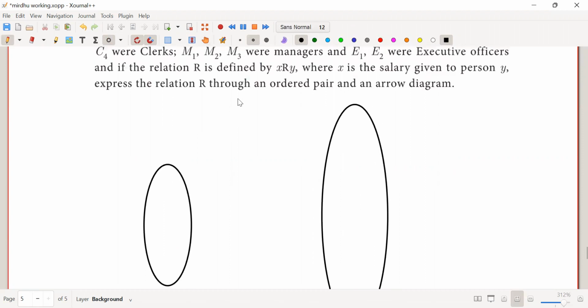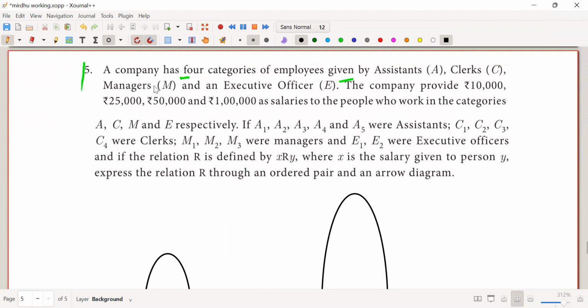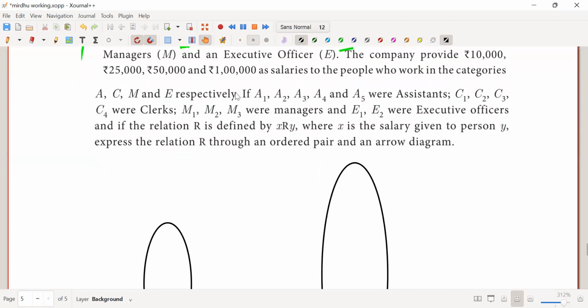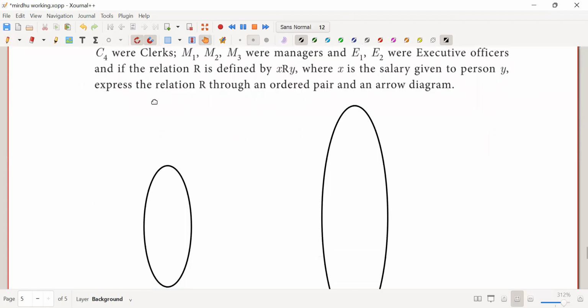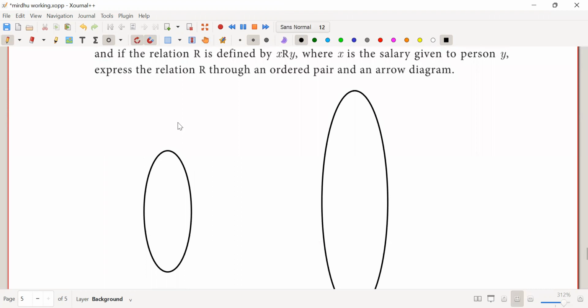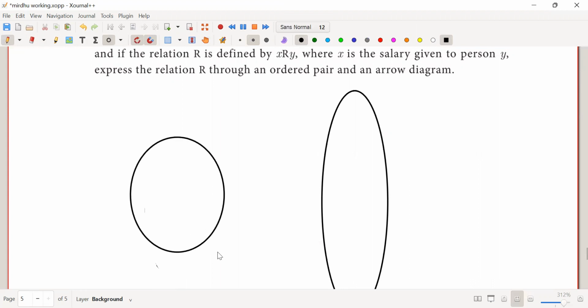We have 10,000, 25,000, 50,000, and 1 lakh. We have to write it fully. So I can delete this and put a bigger ellipse, so that it will accommodate the 10,000, 25,000, and so on.